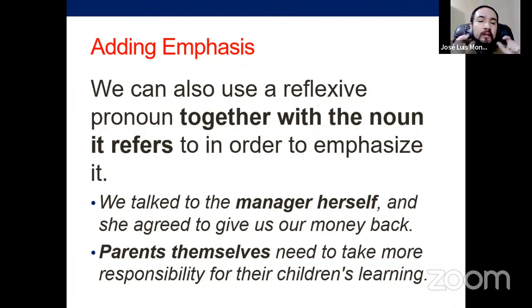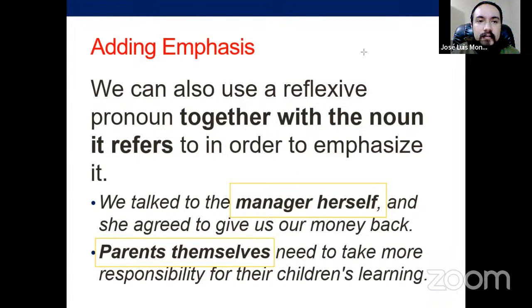Okay, so here, one thing is the one thing that is going to receive everything. Okay, that one specific thing is receiving the emphasis of this action. All right, the emphasis of that entire idea. So once again, if you put that next to the noun, that is going to be important, not the entire action, but this is the most important thing of all of it. Right, the manager herself, parents themselves.